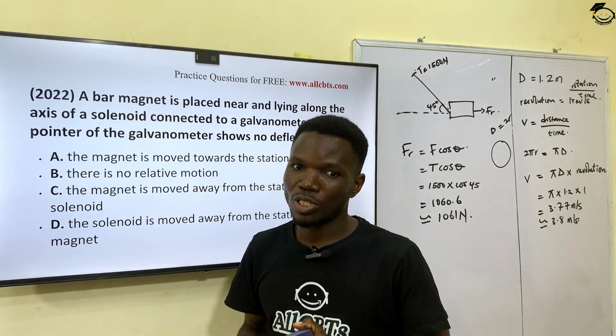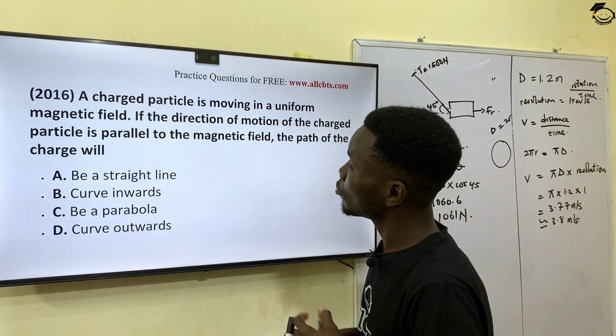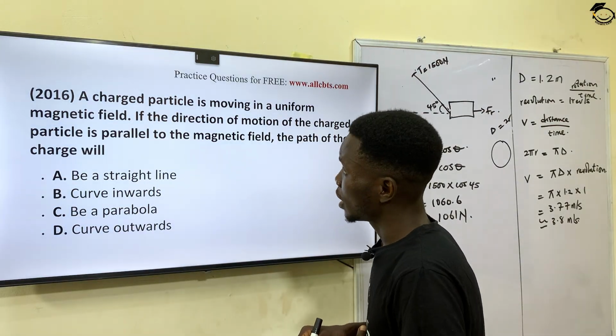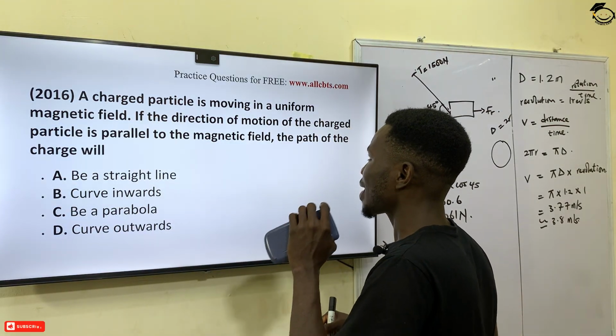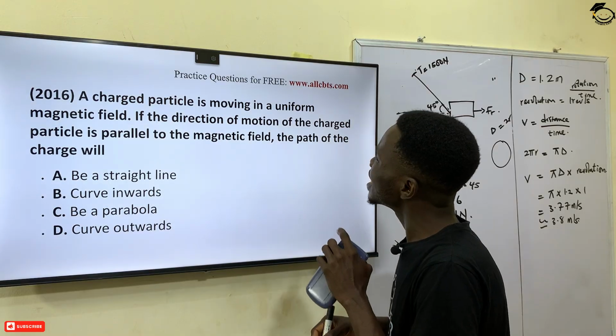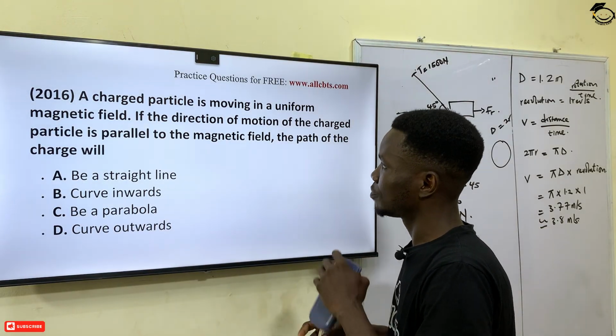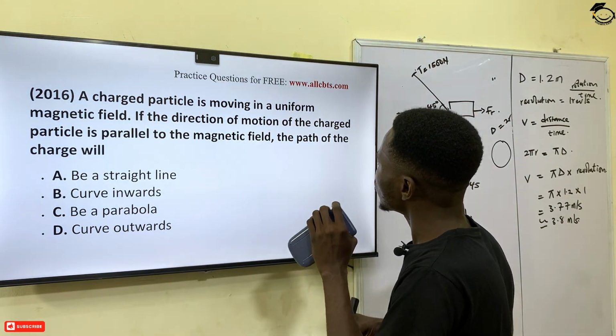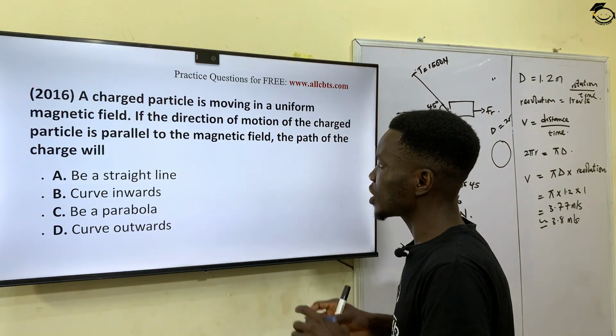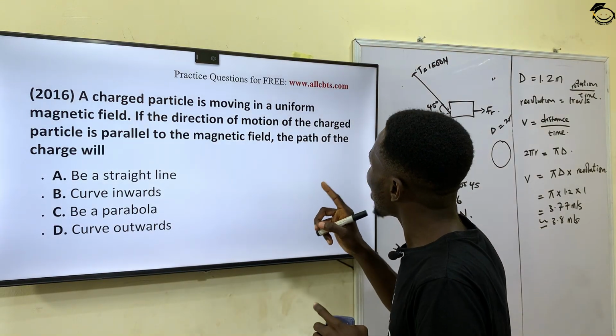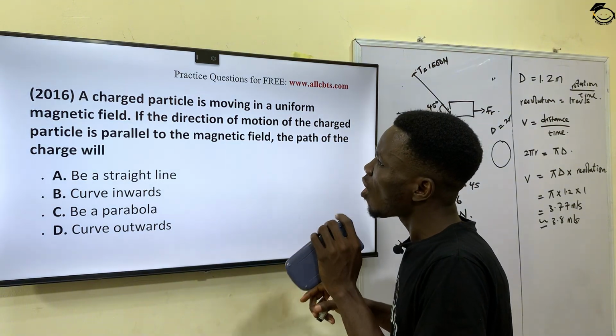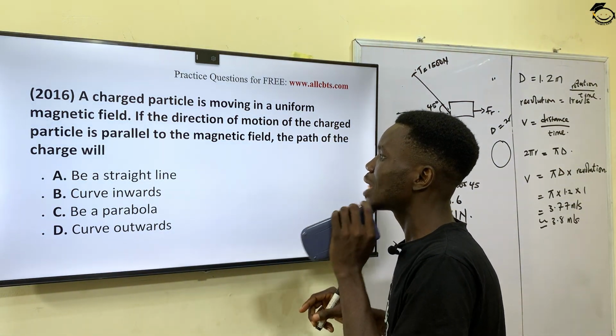So let's move to the next question. This question was gotten from 2016, and it says, a charged particle is moving in a uniform magnetic field. If the direction of motion of the charged particle is parallel to the magnetic field, the path of the charge will dash.